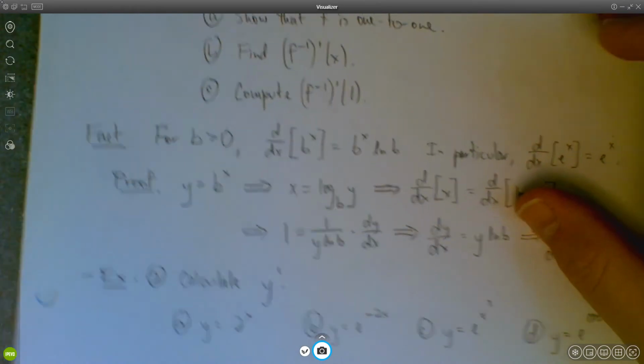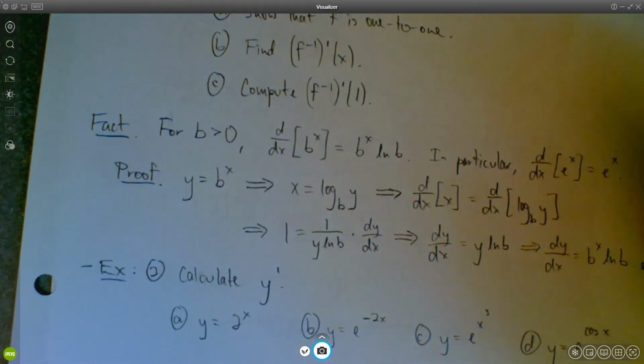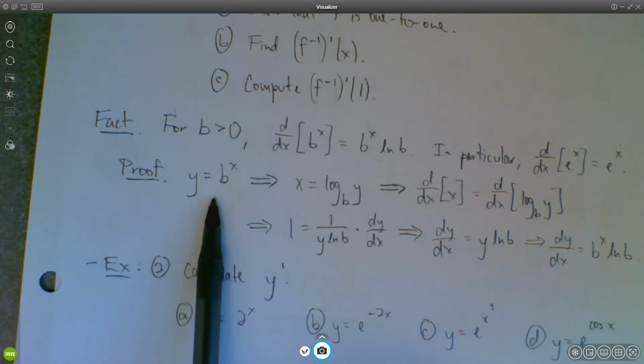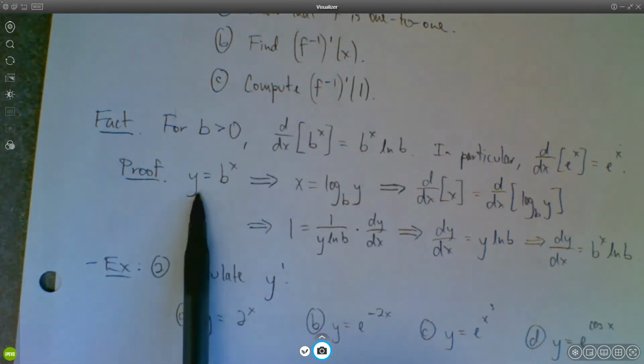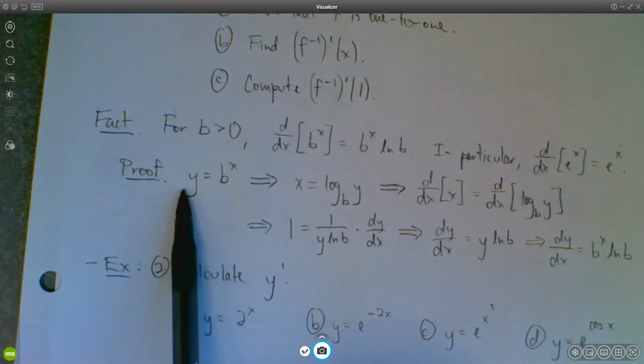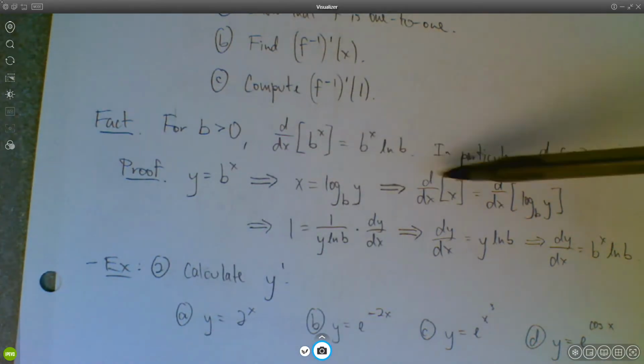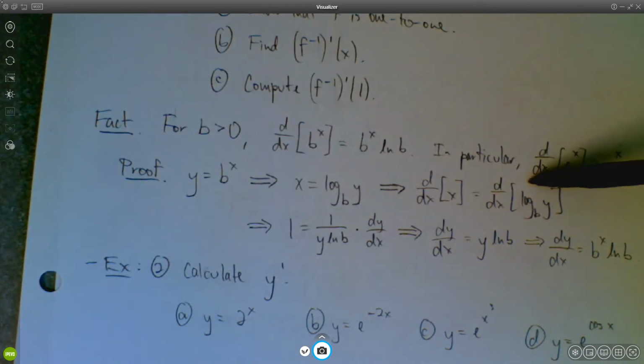So anyway, let's prove that this is true. We're going to do this proof the same way that we did the proof from earlier. We're going to say let y be b to the x. What does this mean? Well, if we rewrite it in logarithmic form, this means that x equals log base b of y. And now we can differentiate both sides of that equation. The derivative of x is just 1. The derivative of log base b of y, well, we talked about this one.